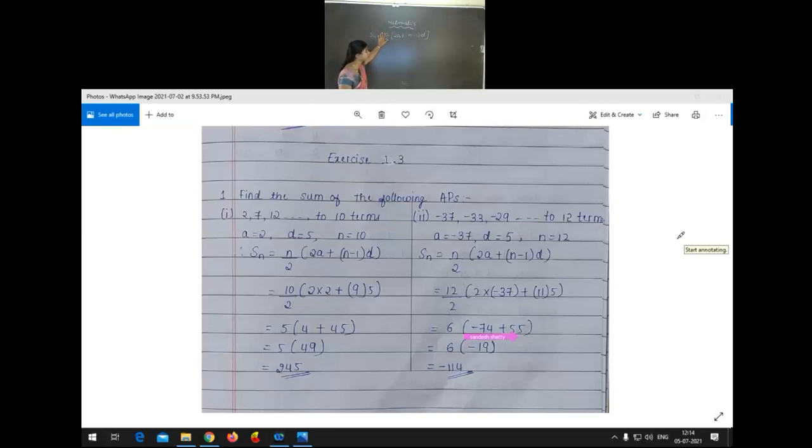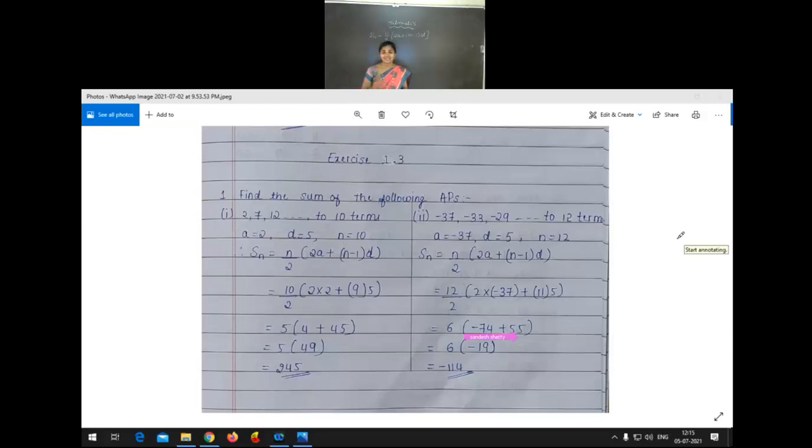Sn stands for sum of n terms, n is the number of terms. Here a stands for the first term in an AP, and d stands for the common difference. You are all familiar with these letters, no? So Sn is equal to n divided by 2 into 2a plus n minus 1 into d.